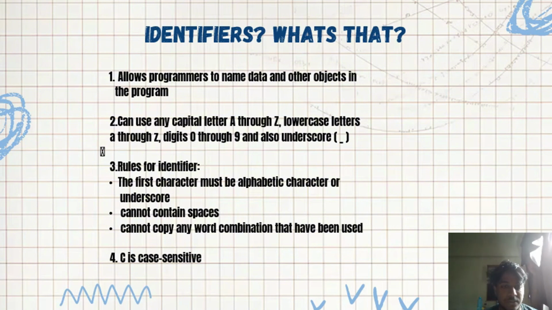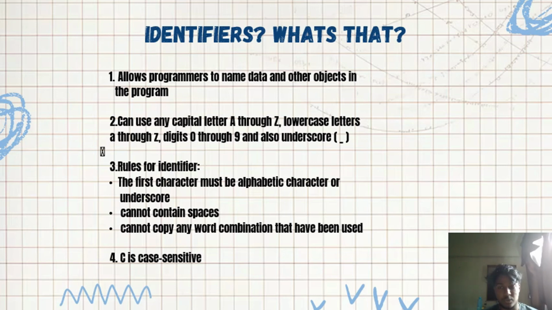There are a few rules to follow if you want to code in C. First, the first character must be an alphabetic character or underscore. It cannot contain spaces and cannot copy any other word that has been used, because the C language is very case sensitive.